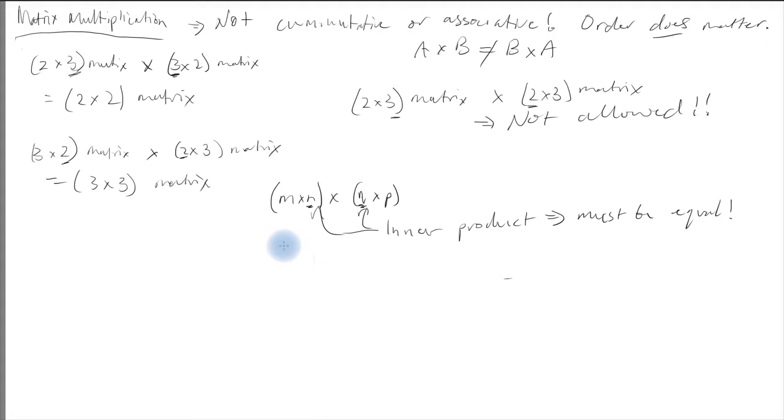Now the other bit, we've got the m and the p. They are what's known as the outer product.